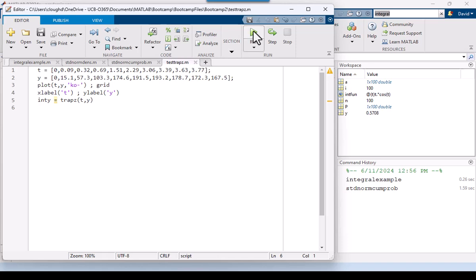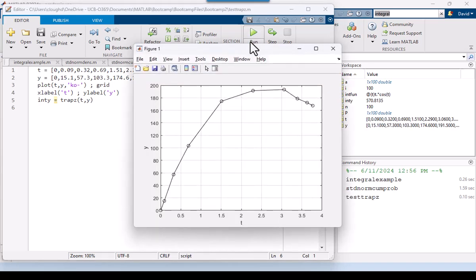So let's run that. This displays the function that we're integrating, getting the area under this function, and it does so by computing the area under each trapezoidal panel and then adding up those areas to get the estimate.